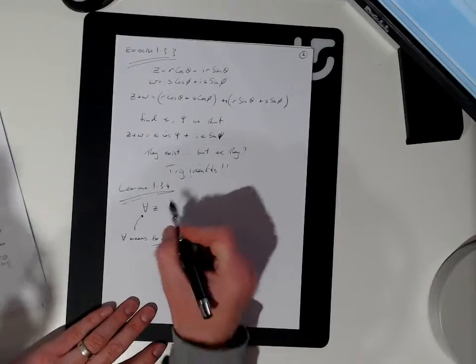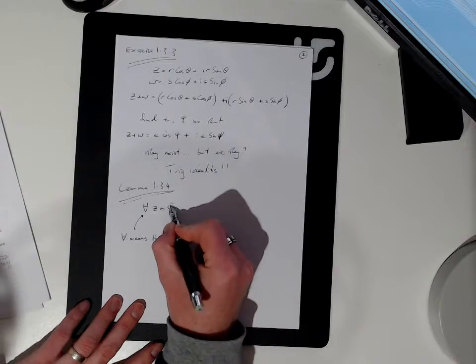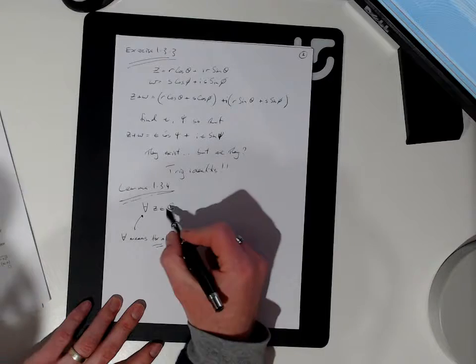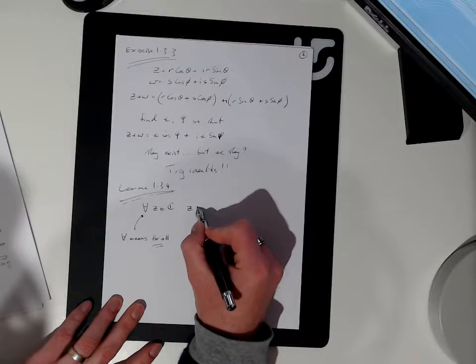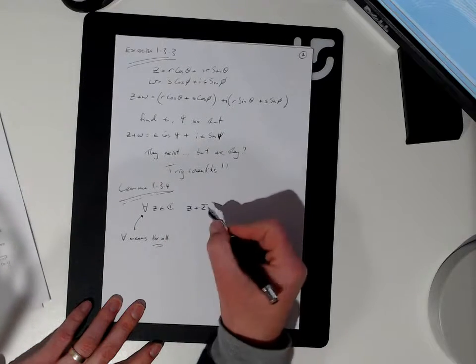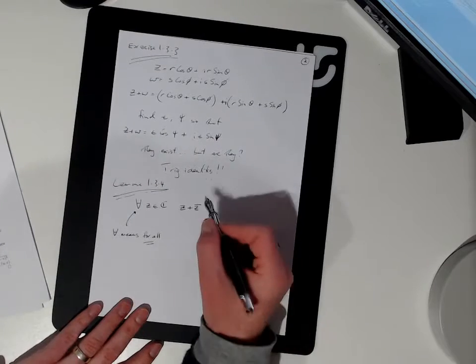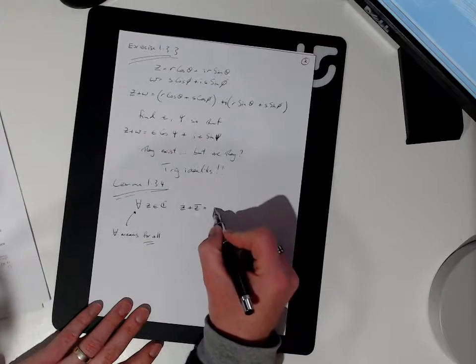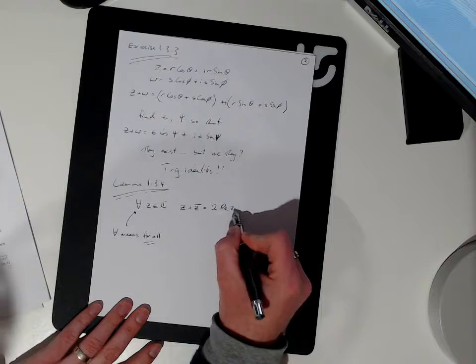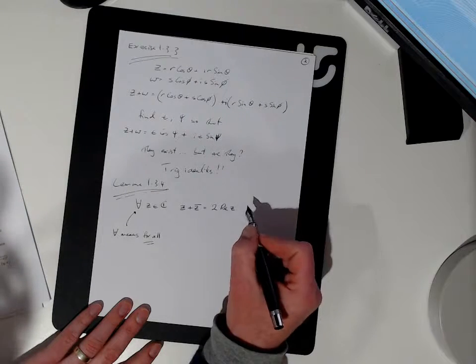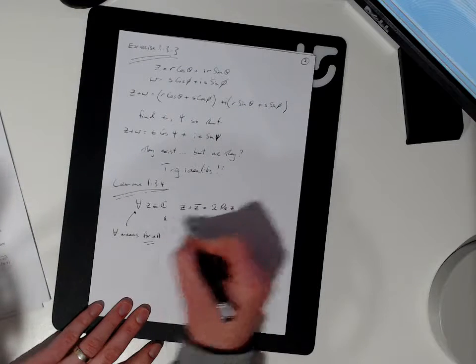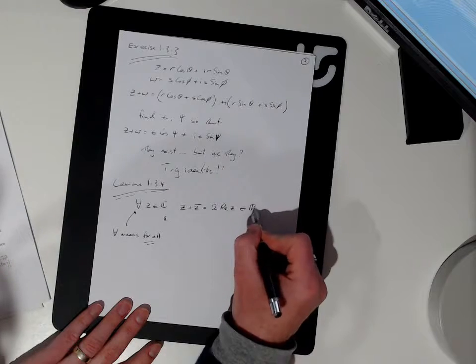I use it because it simplifies writing things down. Anyway, for all z in C, z plus the conjugate of z is equal to 2 times the real part of z. Right, so in particular, this is an element of the real numbers.